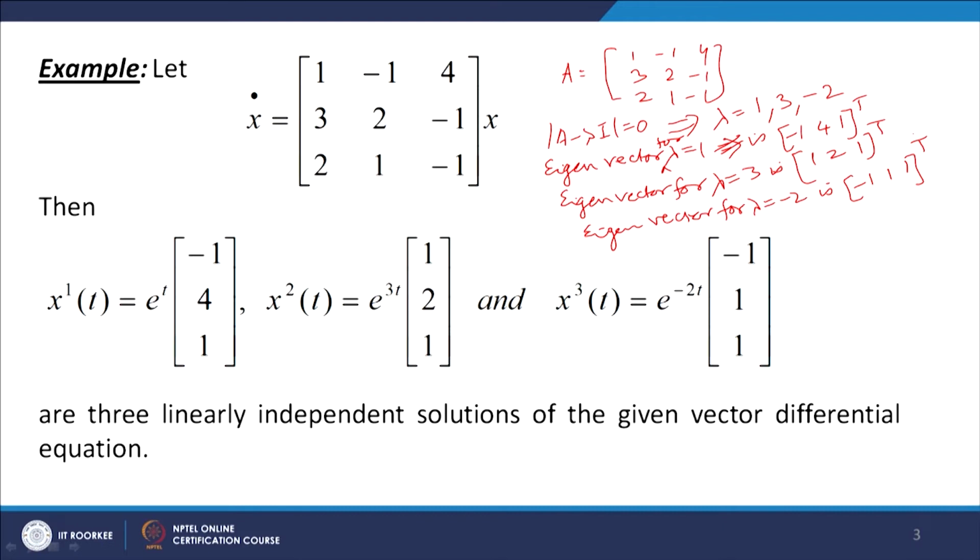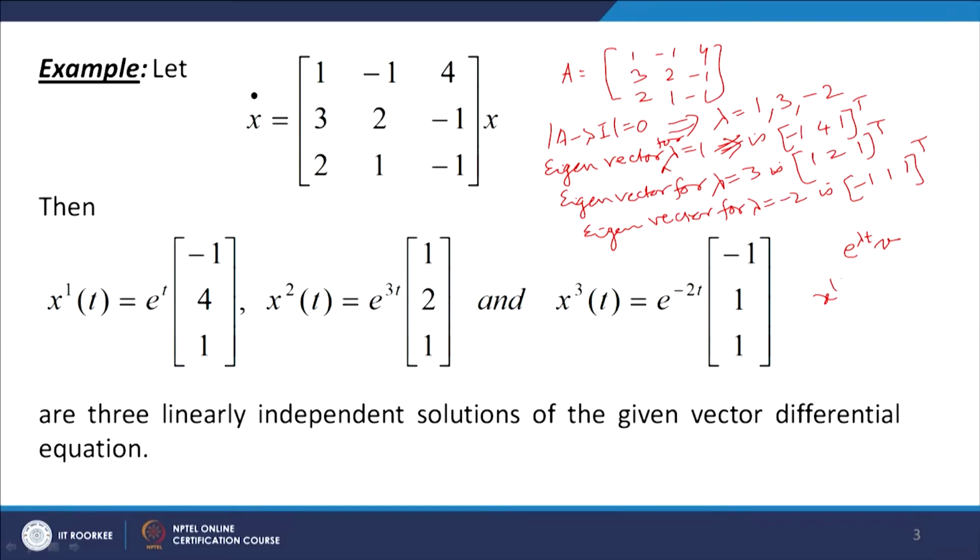Now, we know that if lambda is an eigenvalue of the matrix A and v is the corresponding eigenvector, then e to the power lambda t into v is a solution of the homogeneous vector differential equation x dot equal to Ax. Here x1(t) equal to e to the power t into (-1, 4, 1), which is an eigenvector corresponding to lambda equal to 1.